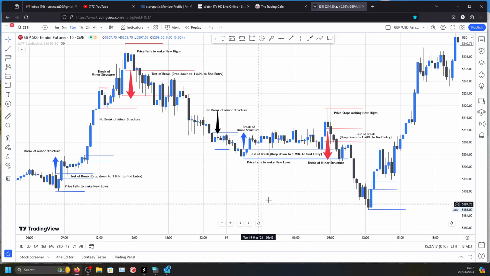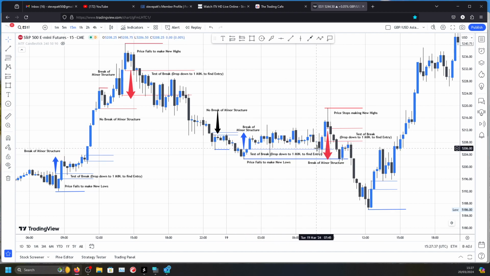Yeah, I mean here, well, we'll check on the 1 minute chart in a minute. But then look, you see price breaks out, and what does price do again? It fails to make new highs, and then breaks through various structure points.